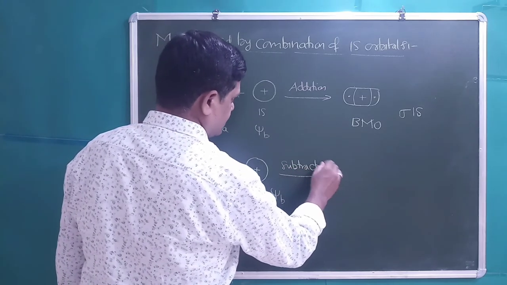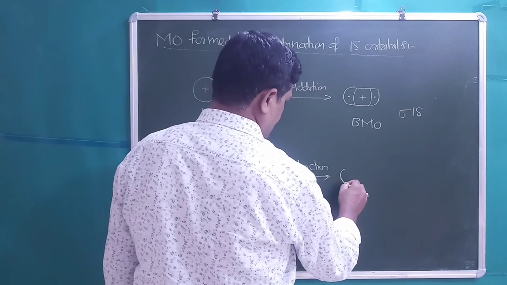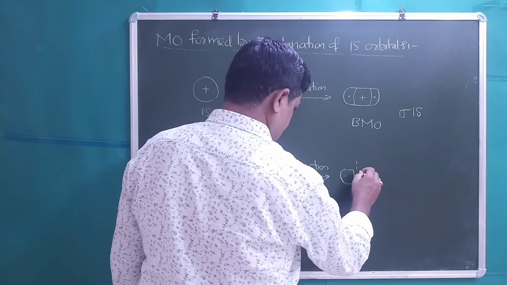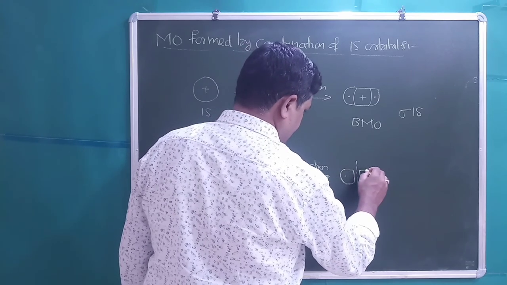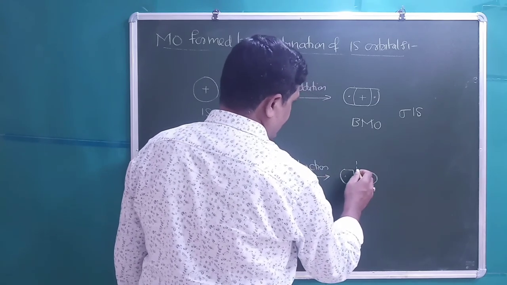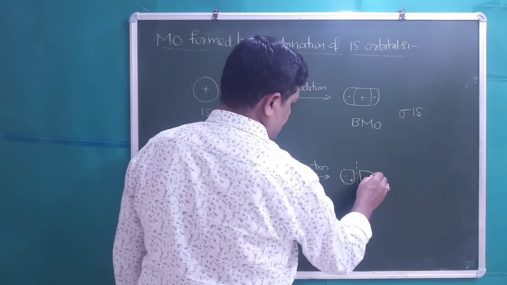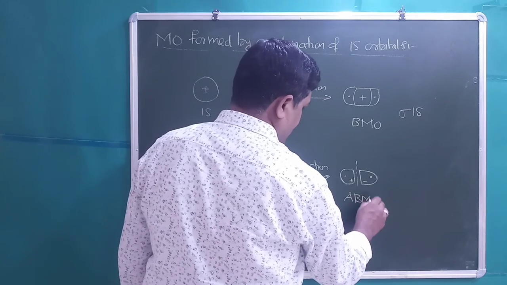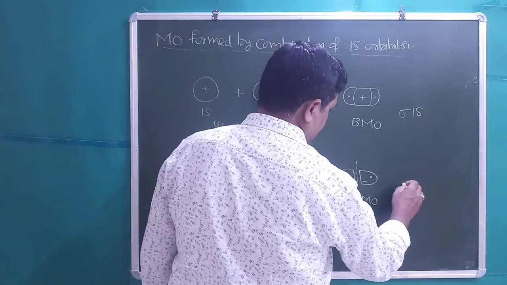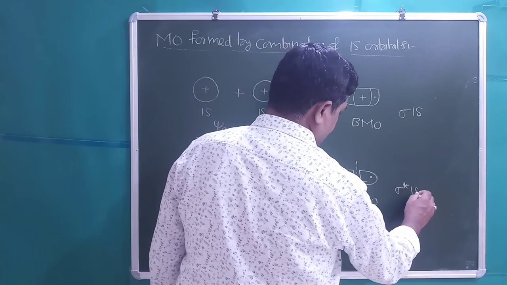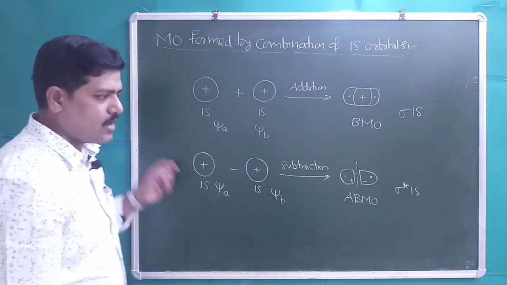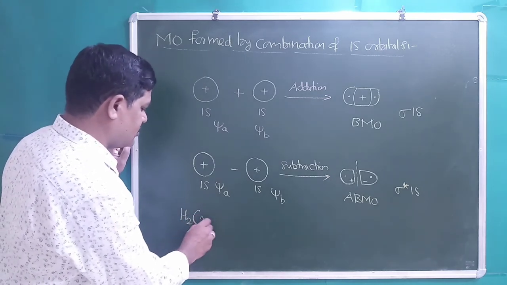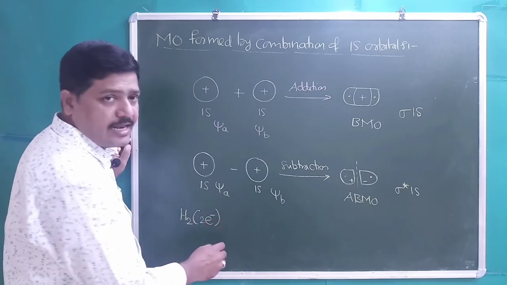On subtraction, there is one node formed in between the two nuclei, which is known as the anti-bonding molecular orbital, indicated with sigma star 1s.